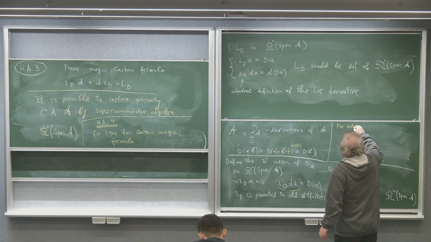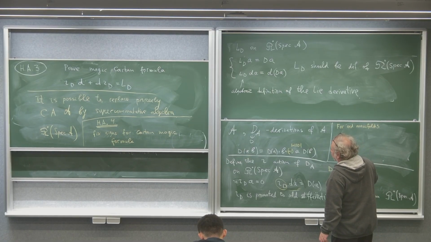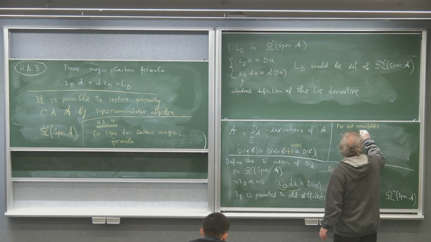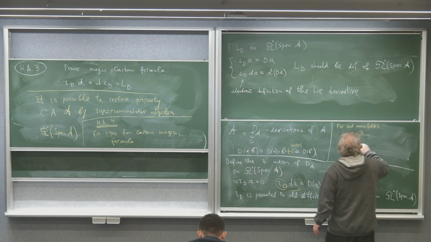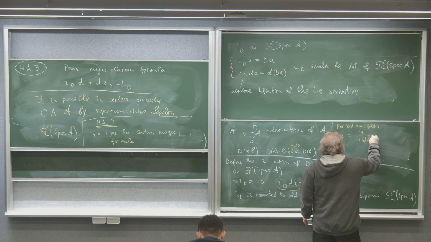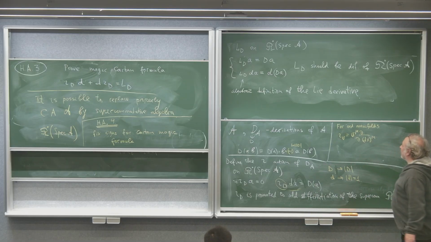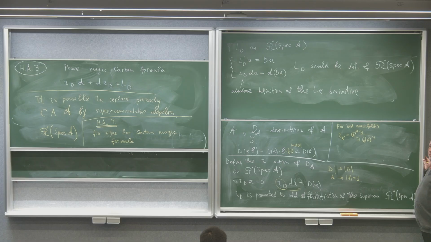For ordinary manifolds, iota is a derivation, so you don't often see it in this way, but it's exactly what happens if you understand the differential forms of the superalgebra.